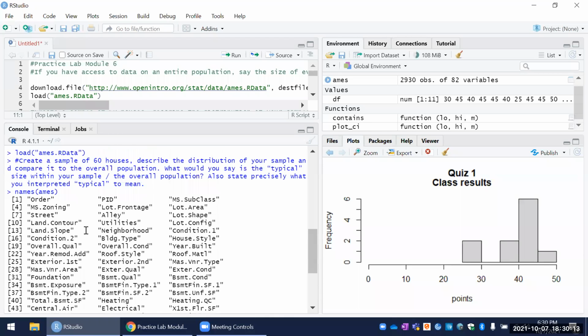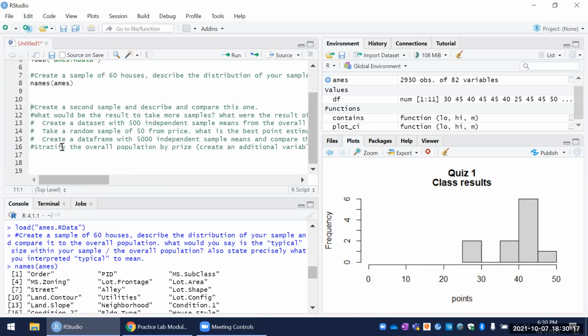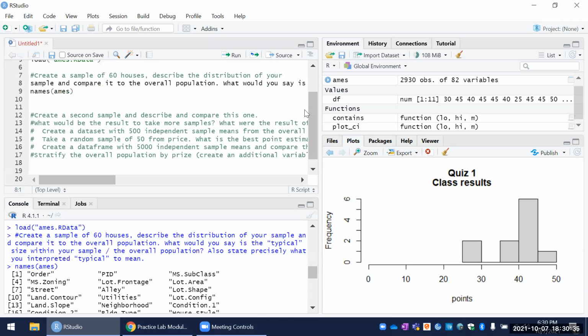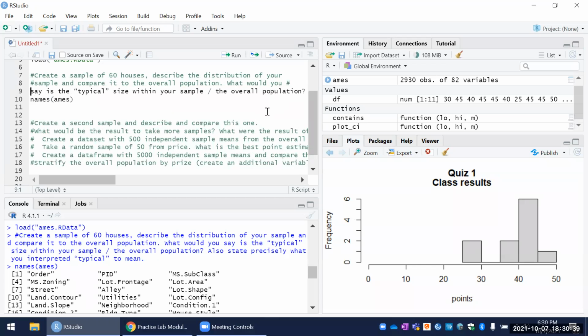So they have really done a great job on characterizing Ames in Iowa. So what we want to use now is essentially an approach to create a sample of 60 houses.